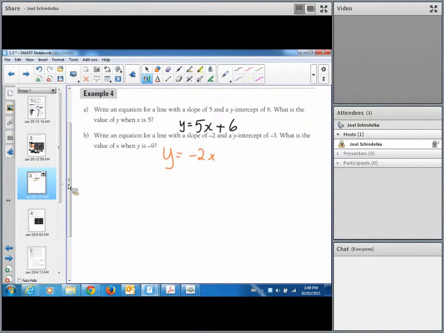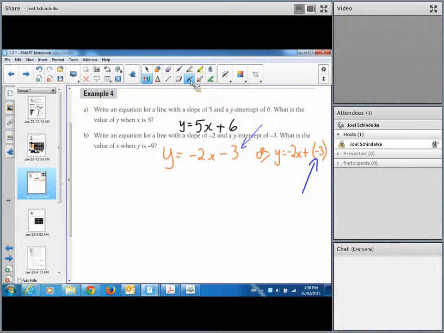Then plus b, but in this case the b is a minus 3, right? So I'm going to put subtract 3. You could have said plus negative 3. That works too. So you said y equals negative 2x plus, this is the exact same thing. I just think this one looks simpler, but you don't have to write it like that. You could write it as plus negative 3. Now, does everybody see the connection?